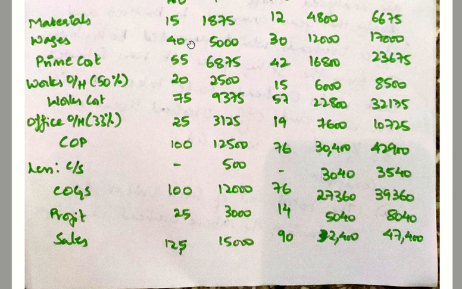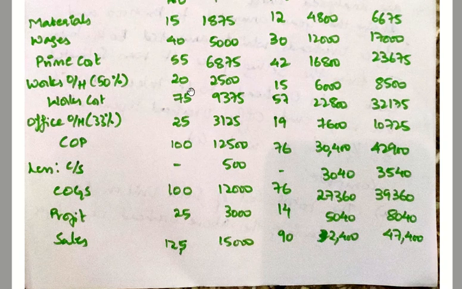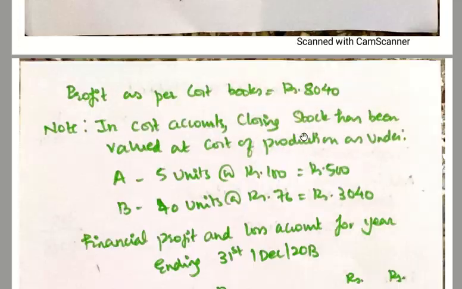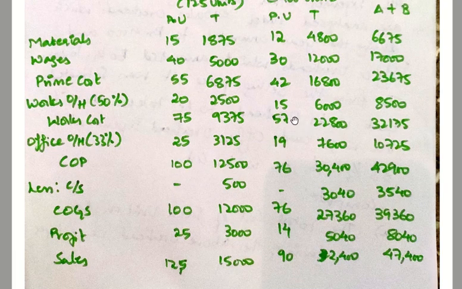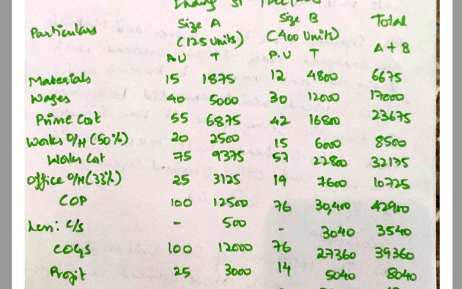So for size A, material cost per unit is 15, wages 40, and works overhead, which is 20.